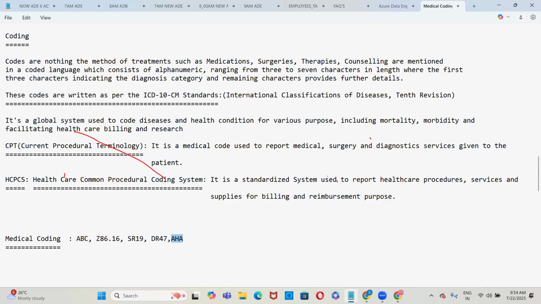This is a government hospital in America. So can you see here, guys? All the code is given here. The patient subject name is ABC, and he has COVID-19, and to treat him, SR19 medication is given in the hospital by the doctor DR47 in the hospital called AHA hospital. That is American Health Association hospitals.